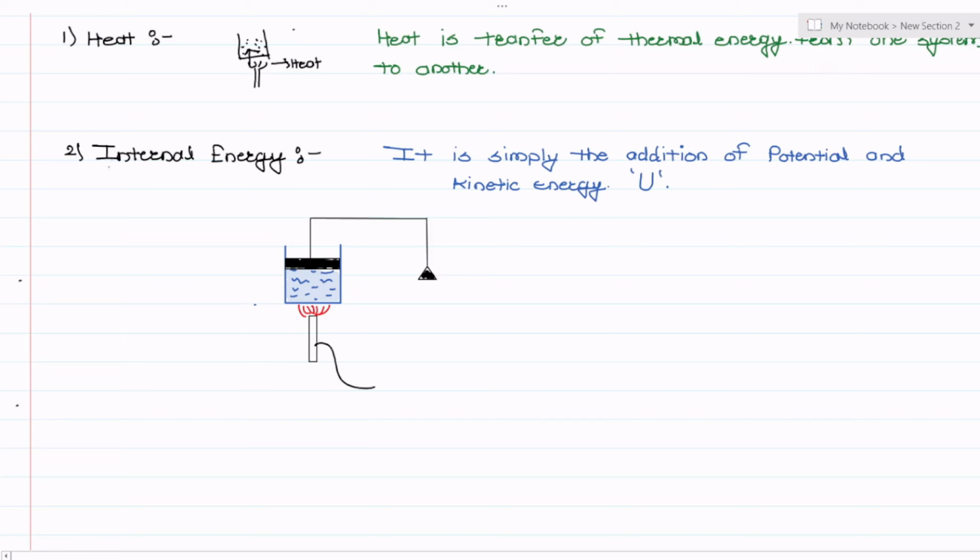In this system, a beaker filled with water is placed on a burner, and inside the beaker we placed a piston which is connected to a weight via a pulley.